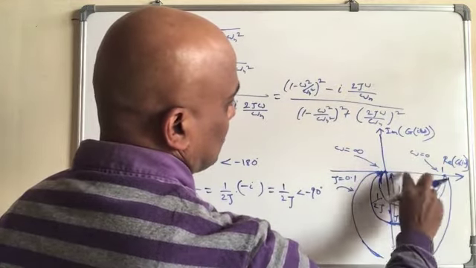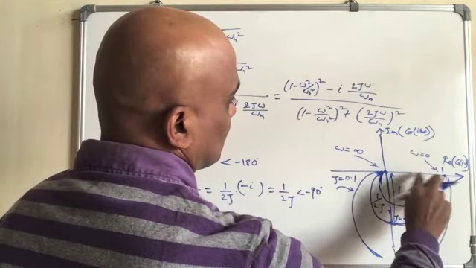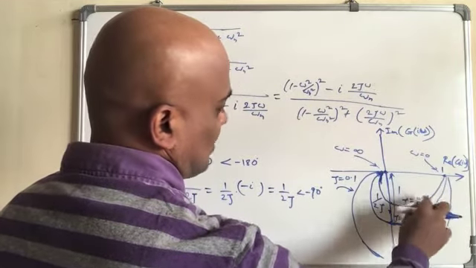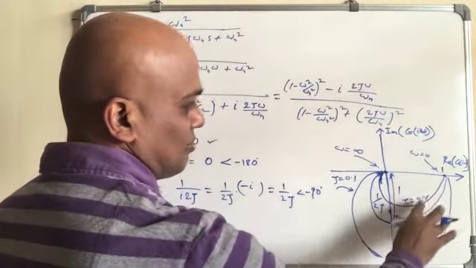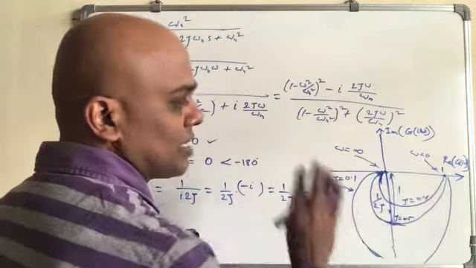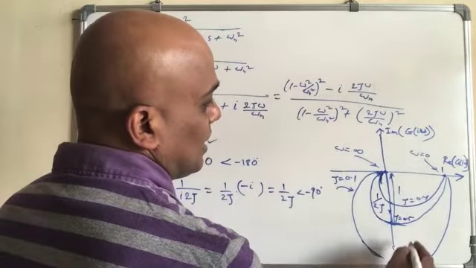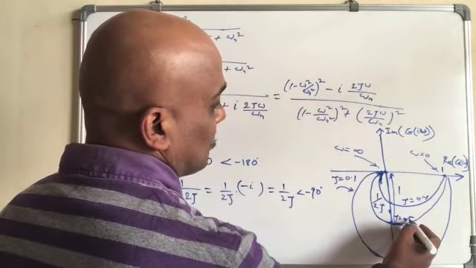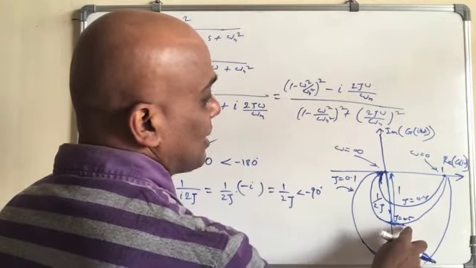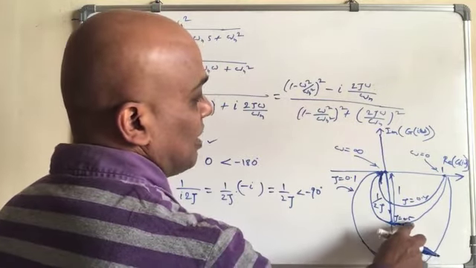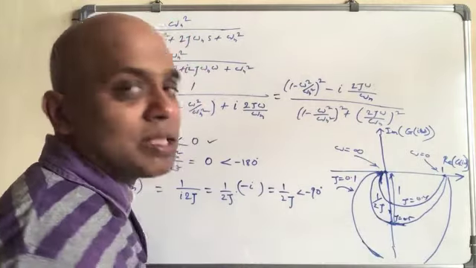Again, I'm drawing this approximately, not necessarily with the correct values, but this is the trend it shows. So let us say you have to find, for zeta equal to 0.5, at what angle or what phase you get the maximum value, or what is the maximum value you get.